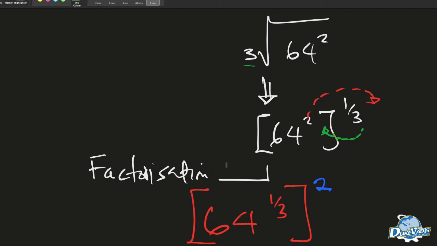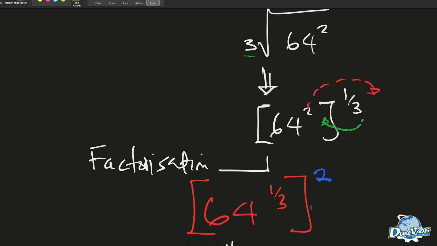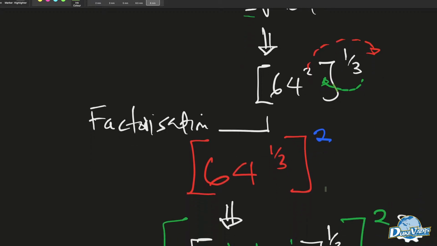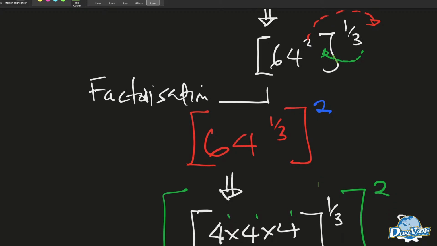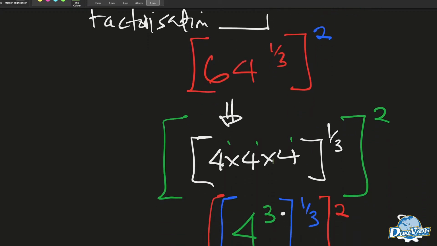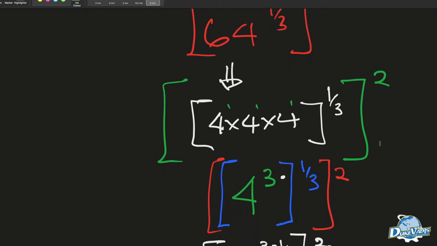We brought the 1/3 in, in green, and sent the 2 out, in red. So we have 64 to the power 1/3, all in brackets, raised to the power 2. Then we realize that 64 can be written as 4 times 4 times 4, all raised to the power 1/3, all in brackets, squared, where we haven't changed anything.